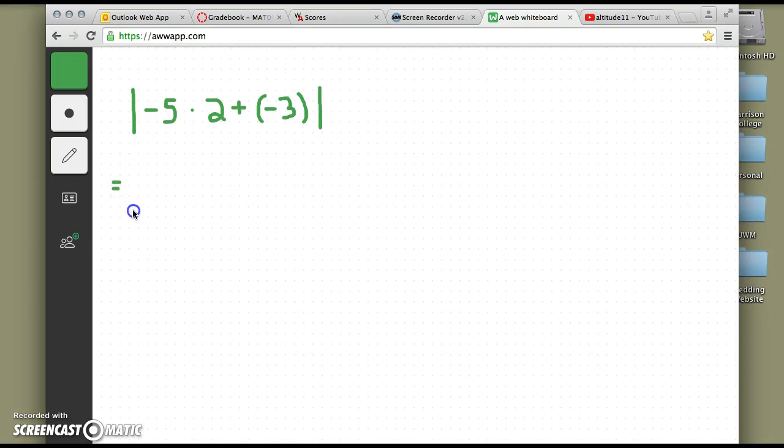So inside of this pseudo parentheses, which is an absolute value, we first need to multiply. -5 times 2 is a -10, plus, and we still have this -3 over here.